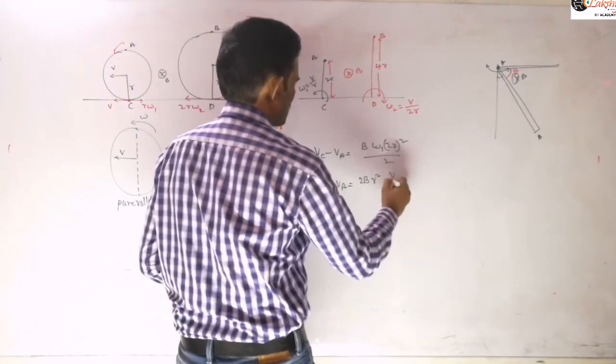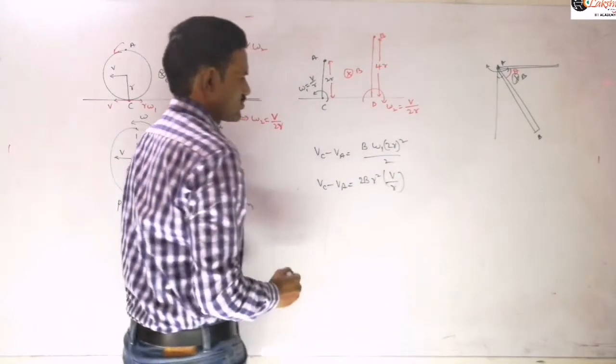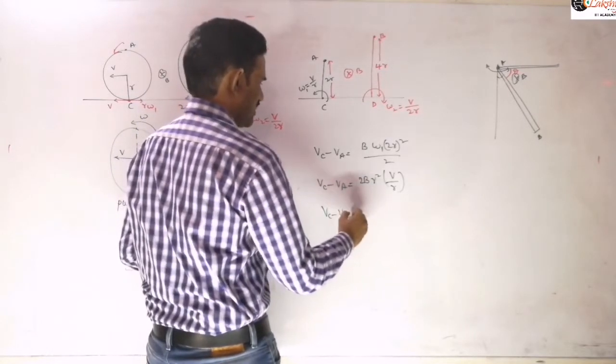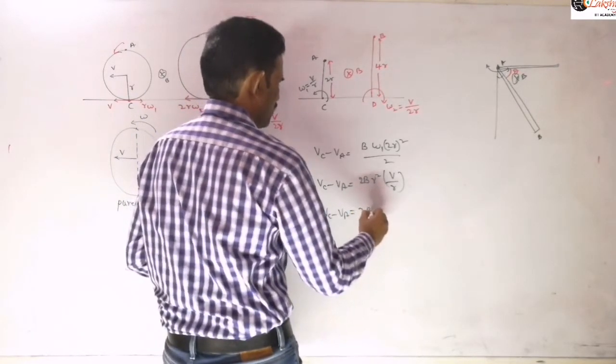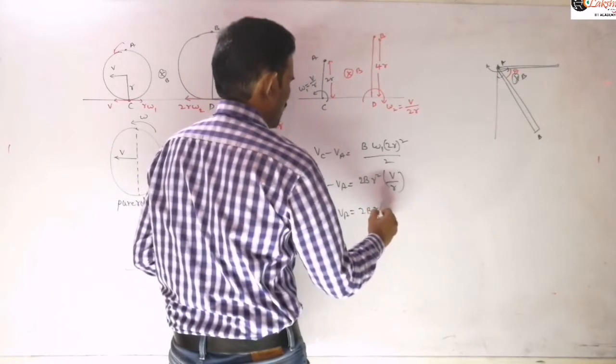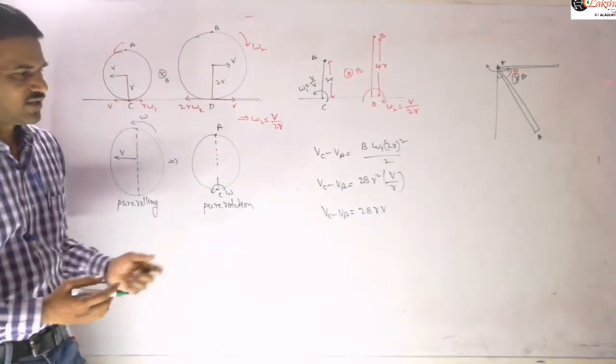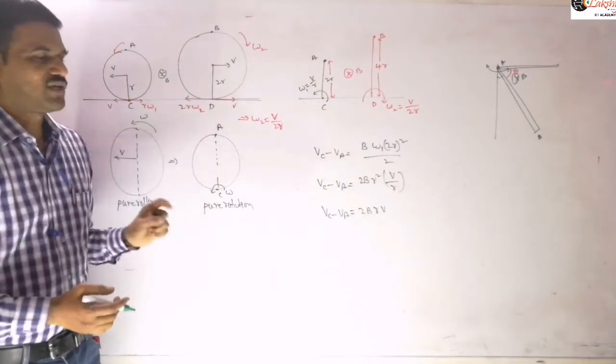Now I need to write this in terms of V by R, so I am substituting the omega 1 value there, so that Vc minus Va is equal to 2BRV. Is it clear? So that will be the induced EMF produced in that rod AC.